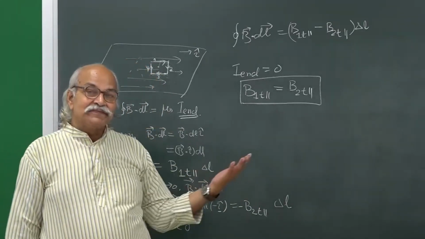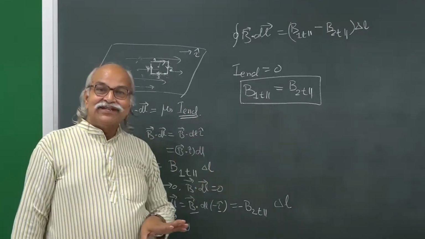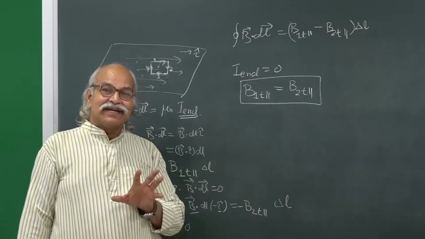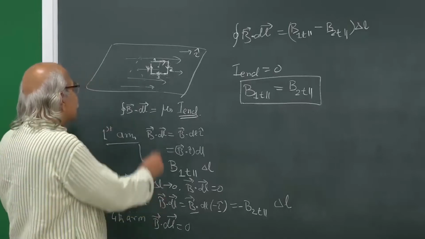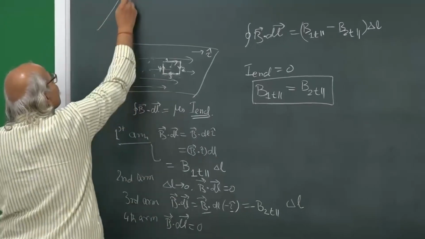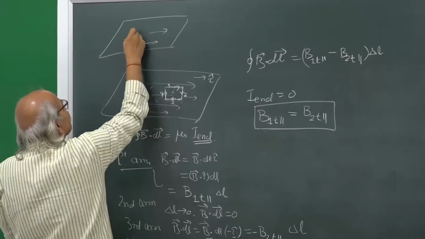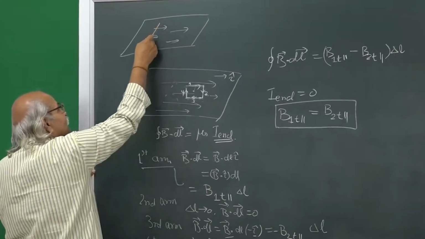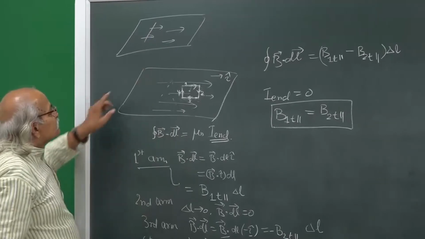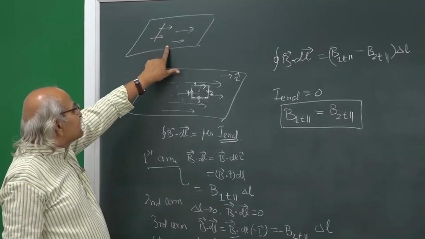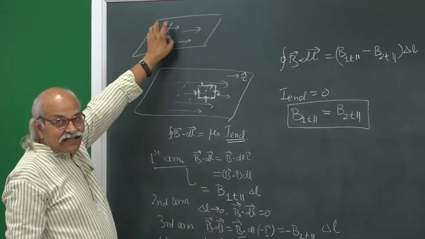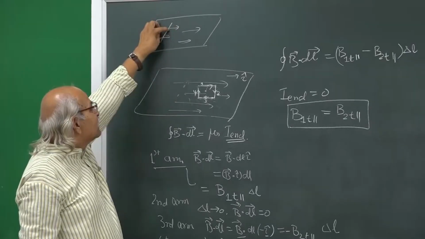Then comes the tangential direction perpendicular to the current. If the current is going this way, then perpendicular to this, again parallel to the surface, this line is in the surface itself, perpendicular to the current.